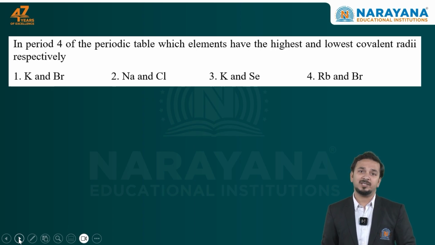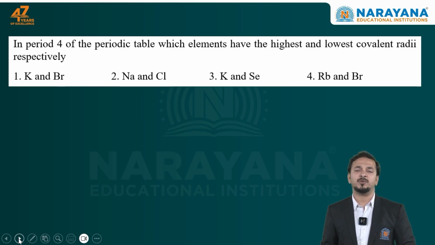The reason for this decrease is the increase in the effective nuclear charge. So we know as we move from left to right, there is increase in the effective nuclear charge, because of which there is decrease in the covalent radii, which means the first group will have maximum covalent radii and group 17 will have minimum covalent radii.